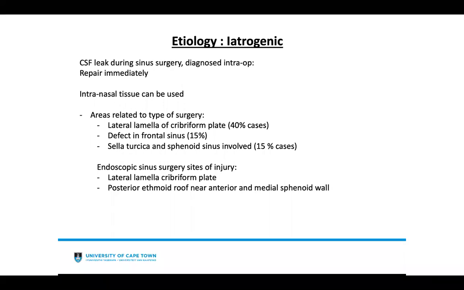That lateral lamella of the cribriform plate, that's around 40% of cases. There could be a defect in the frontal sinus, 15% of cases, and then your sella turcica and sphenoid sinus involvement. When we look more specifically at endoscopic sinus surgery sites of injury, that's the lateral lamella of the cribriform plate and that posterior ethmoidal roof right near the anterior and medial sphenoid wall.